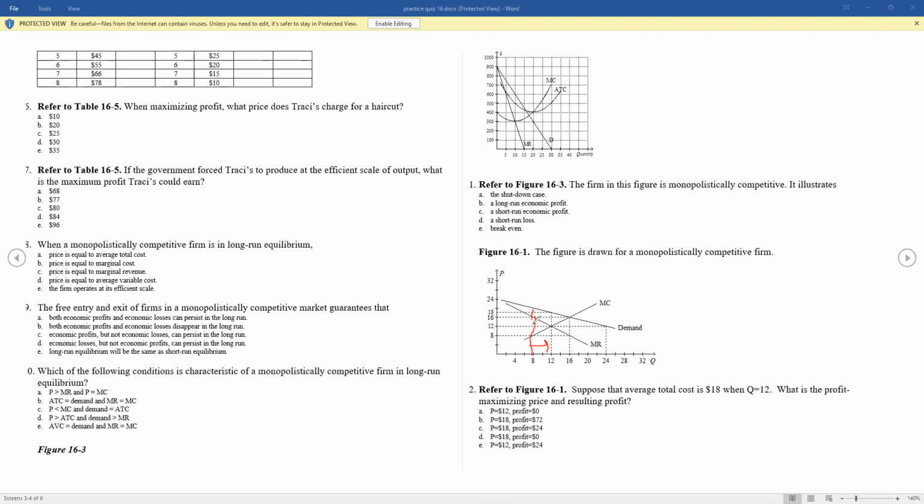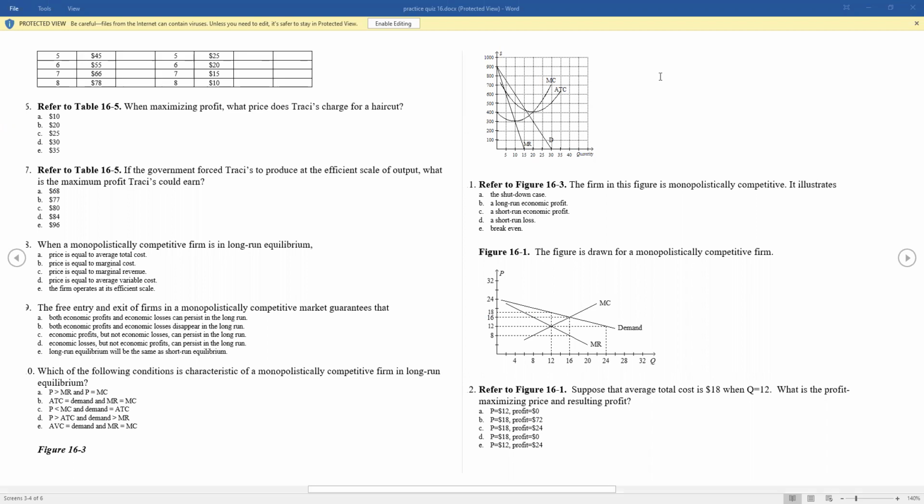As long as marginal revenue is greater than marginal cost, you always want to produce more. They could also always ask you price and quantity. The price would be 18, where MC equals MR up to demand, and the quantity would be 12. Okay, all right, I think that does it.